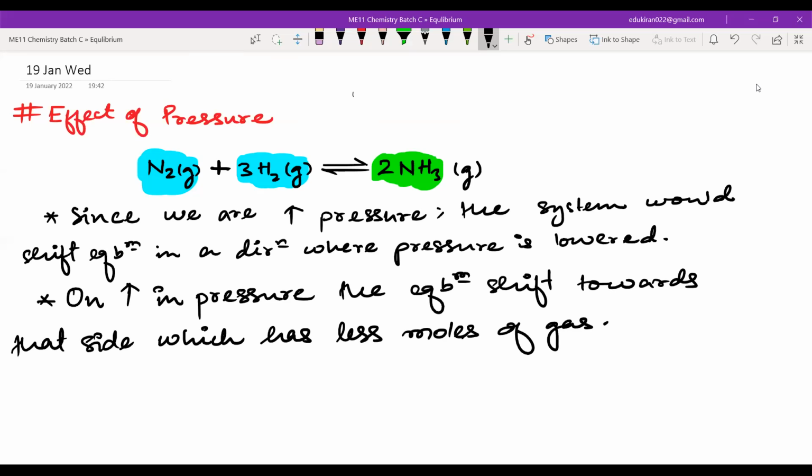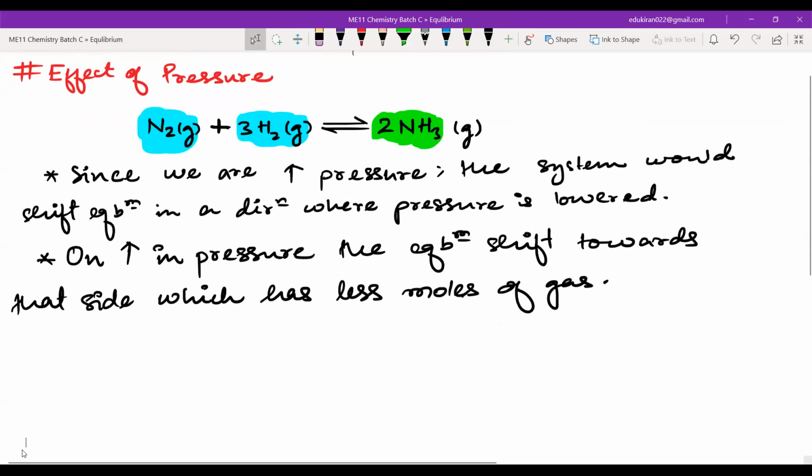That is why increasing pressure will only affect those systems which have a different number of moles of gases in the reactant and in the product.